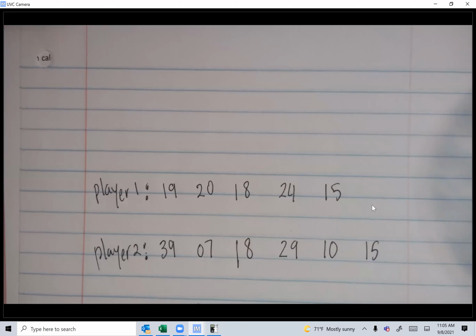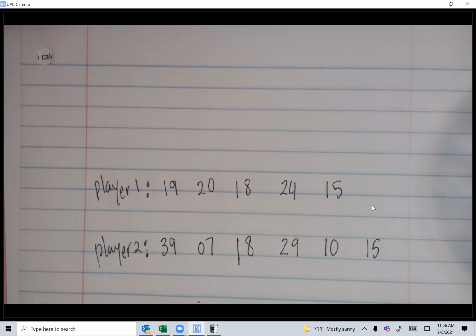As a coach, you want consistency. You want to bring someone to the team who can guarantee a certain fixed number of points each game. Which player would you hire? Would you hire player one, or would you hire player two?